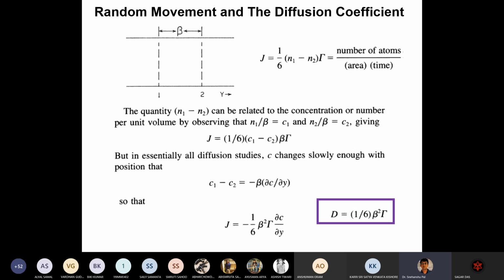So, if each atom jumps randomly, n1 greater than n2, therefore there will be a net flux from plane 1 to adjacent lattice plane 2, simply because there are more atoms on plane 1 to jump to plane 2 than there are atoms on plane 2 to jump to plane 1. So these things are very, very important.